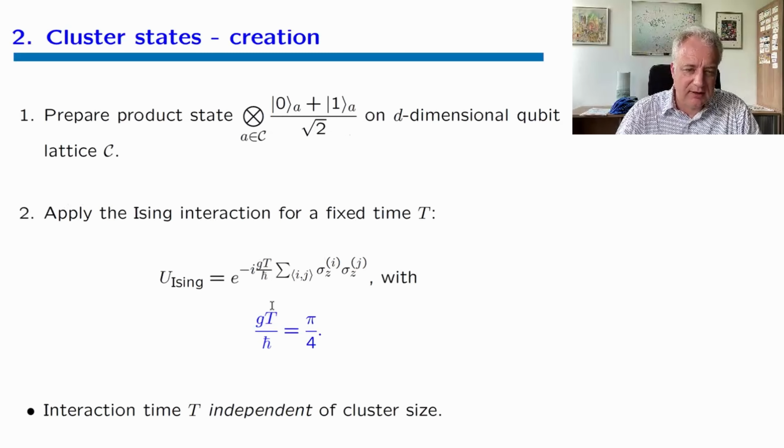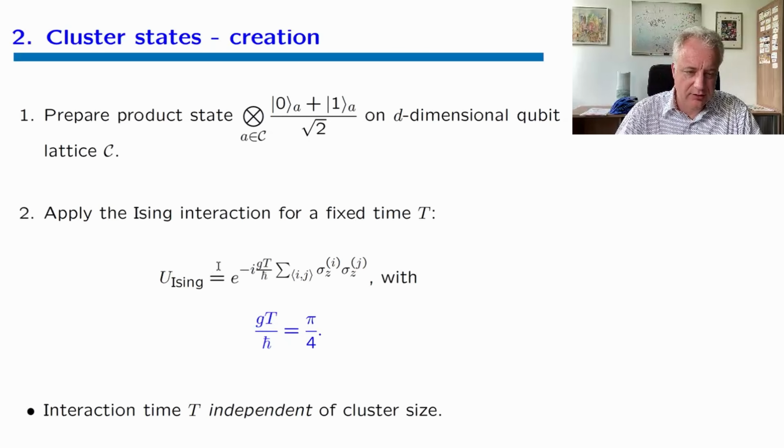It is fixed. And after this Ising interaction has been applied for that fixed amount of time, then the creation of the state is finalized and the unitary interaction is switched off.